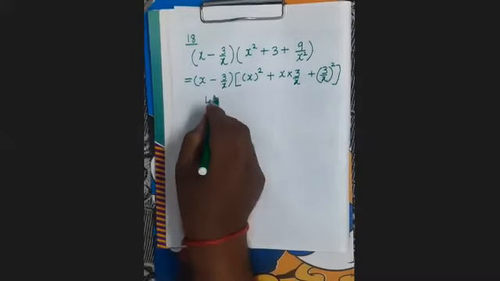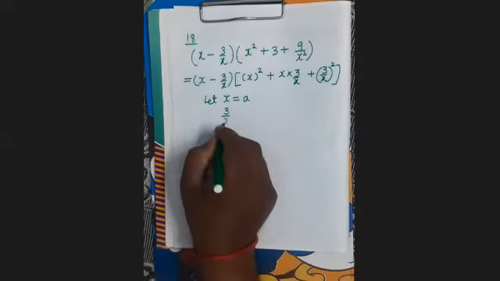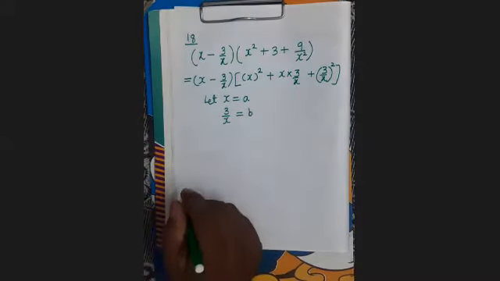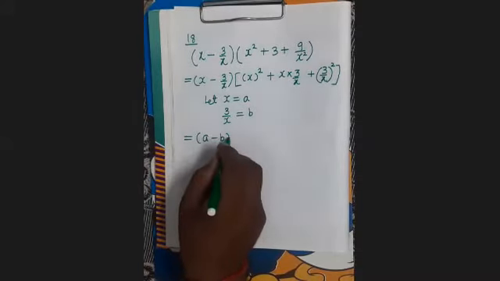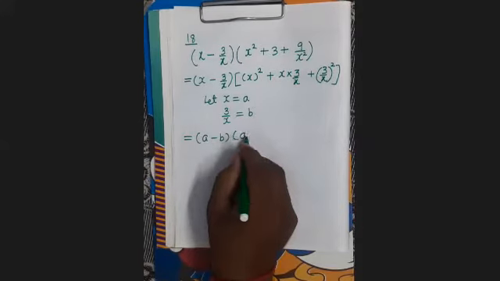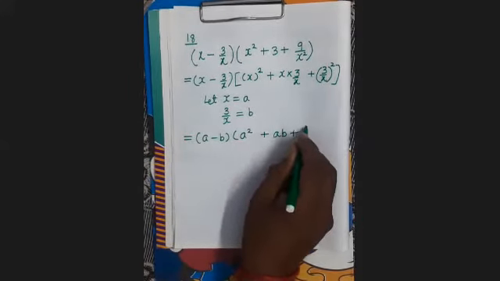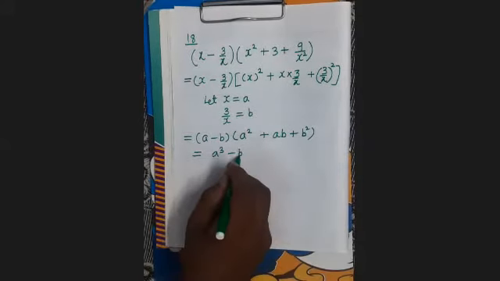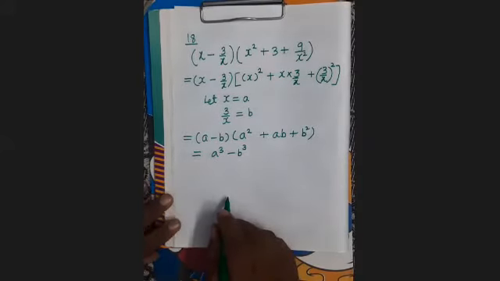Let x square equals to A, and 3 upon x equals to B. So when you will simplify, what will you get? A minus B in one bracket, in the other A square plus AB plus B square. This is A cube minus B cube. This is the formula of A cube minus B cube.